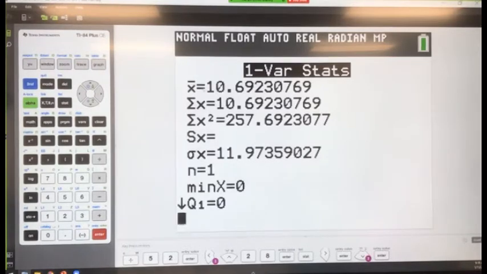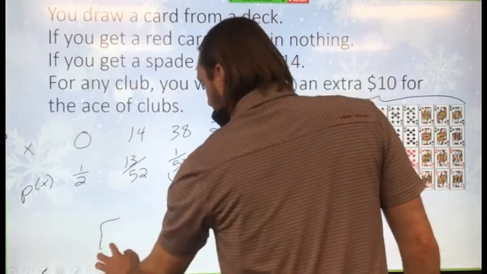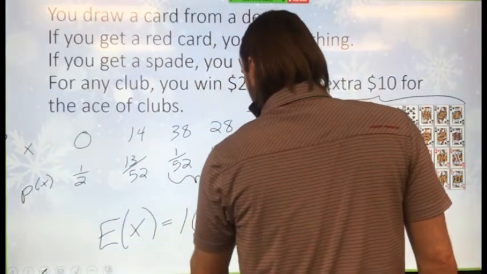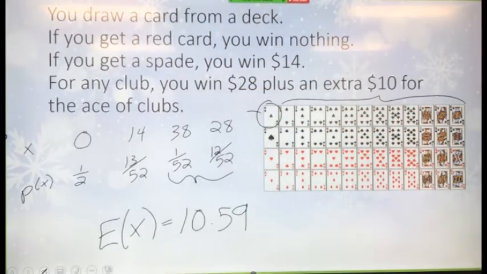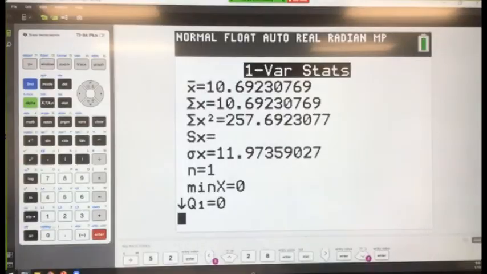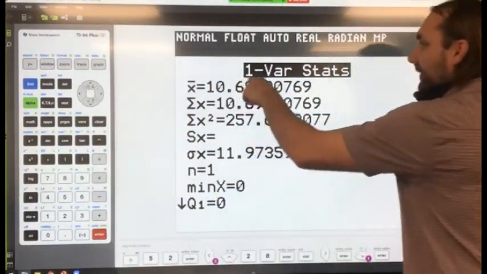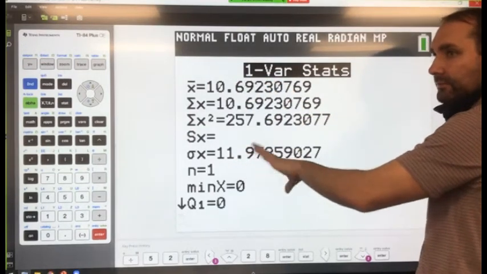So my EX is $10.69. Since we also talked about standard deviation, what is my standard deviation? 11.97. So I'm expecting to earn about $10.69 on average, give or take 11.97. Somewhere around there.